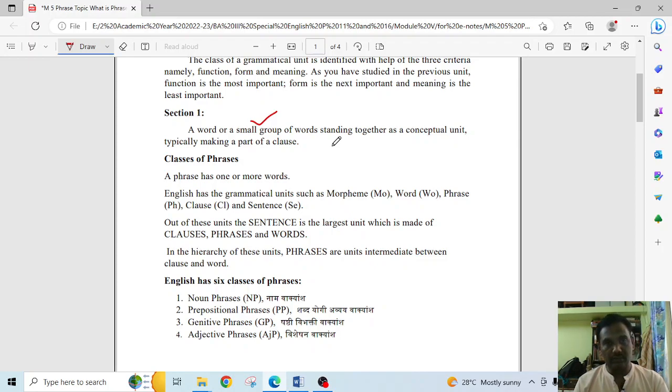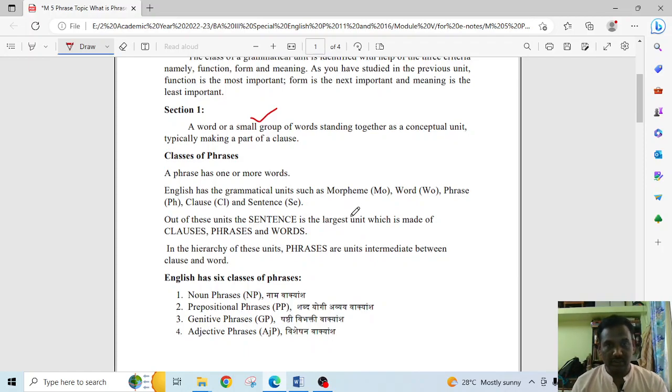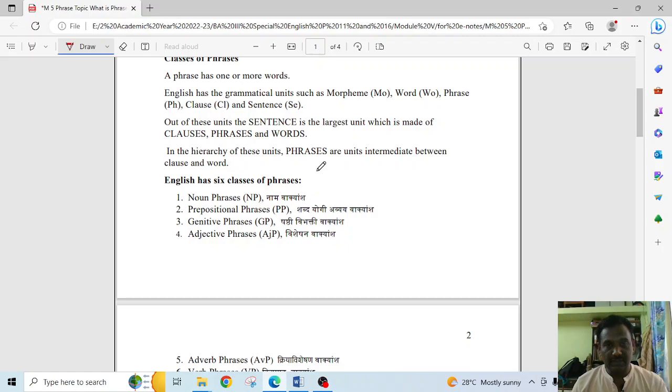You know that the words are the part of phrases, phrases are the part of clauses, and clauses make sentence. So in the hierarchy of these grammatical units, sentence is the largest unit and at the top of all these grammatical units.